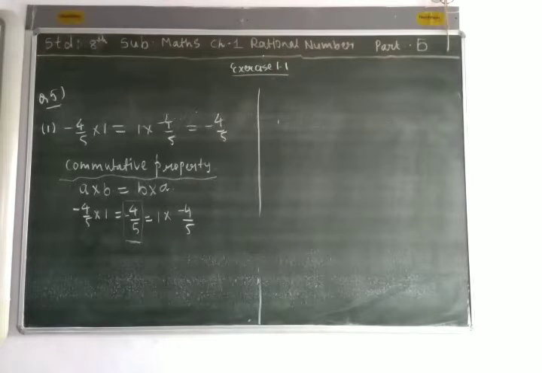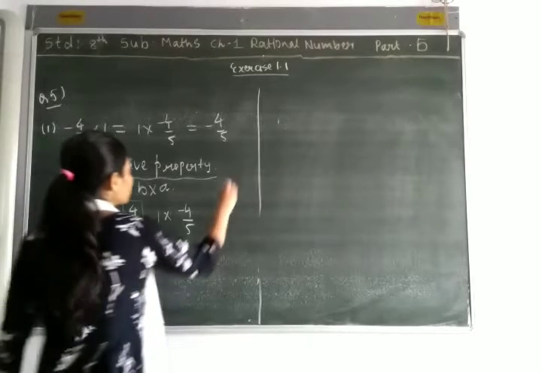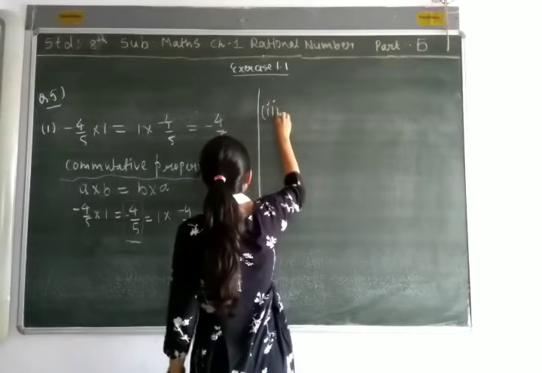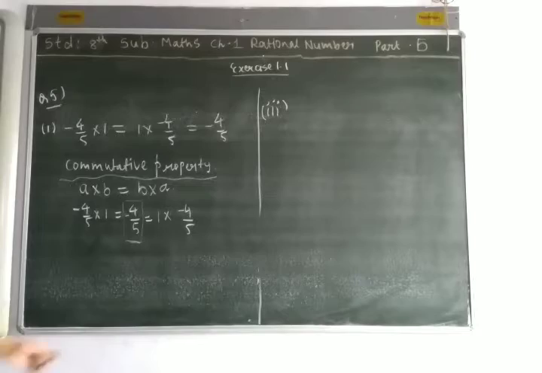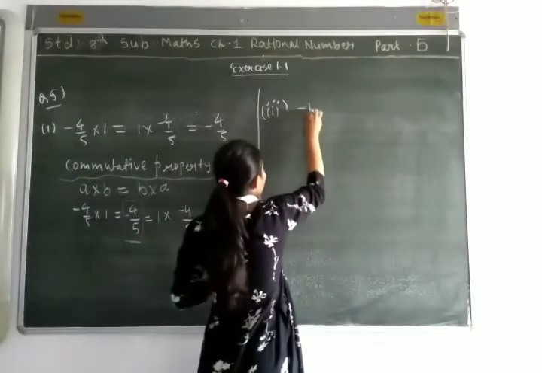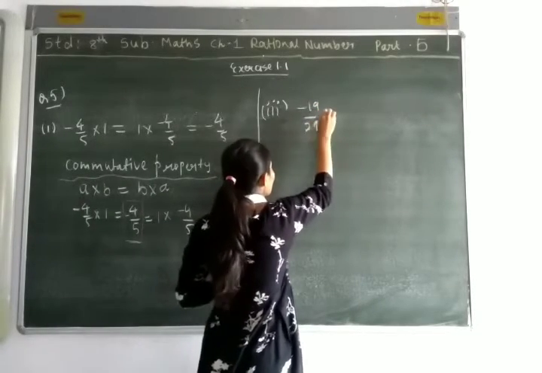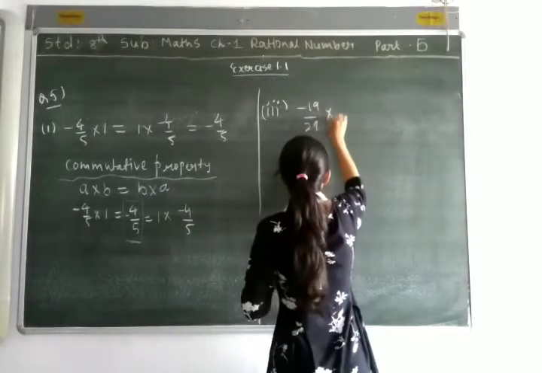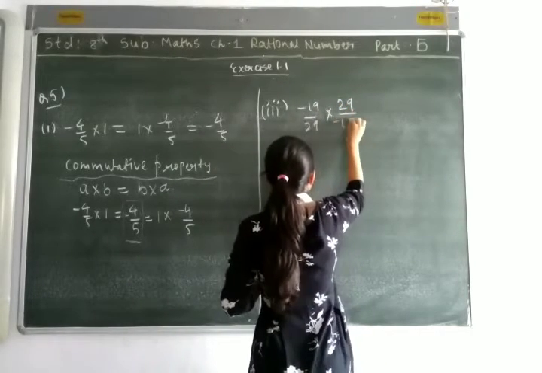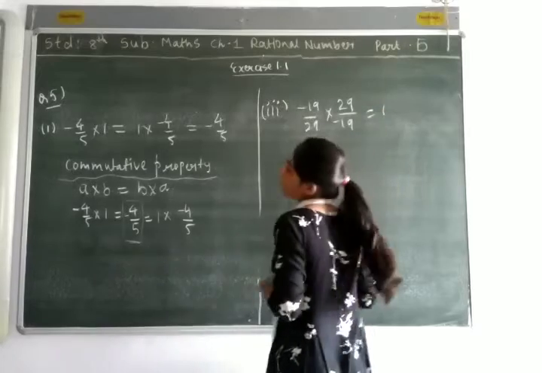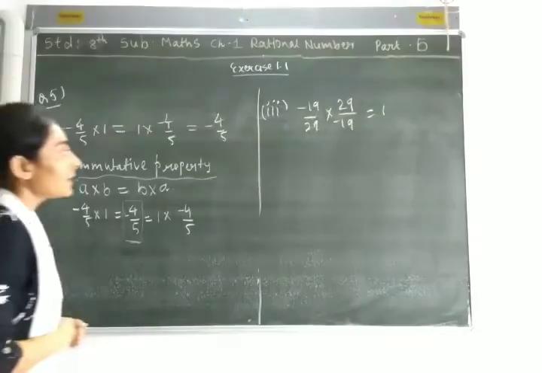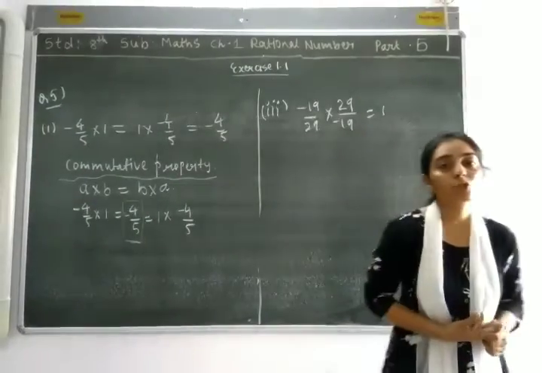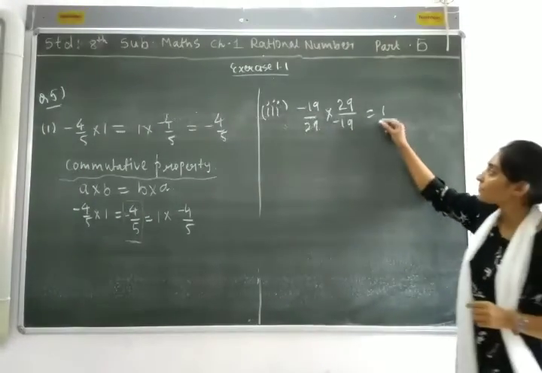Now, one more, the third one. The third one says minus 19 upon 29 into 29 upon minus 19 equals 1. Now look over here. Take a number, take its reciprocal, and the resultant value is equal to 1.